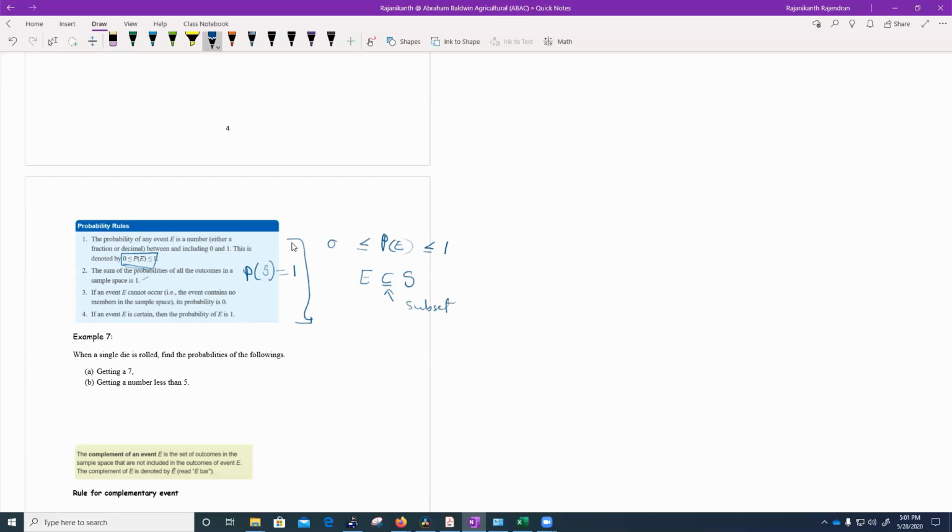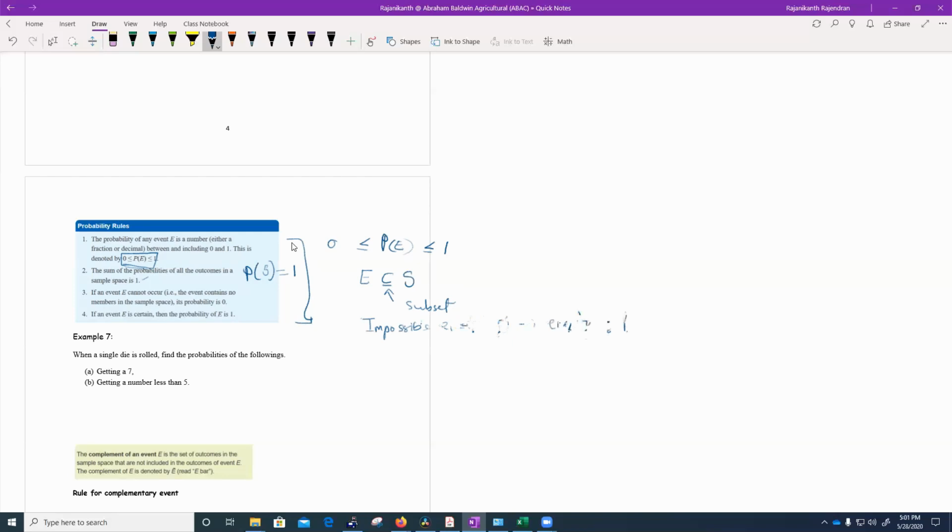If an event E cannot occur, that means if it is not possible to have that event E, then that probability is always 0. So the probability of an impossible event is always 0, in other words. The impossible event we denote by this notation, which we call an empty set.